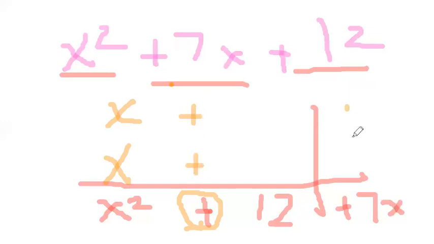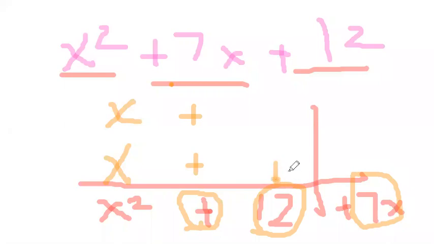So this method of drawing two lines also has some trial and error in it, but most often we get the answer right away. Now we need two numbers, the sum of which gives us 7, and the product of which gives us 12.